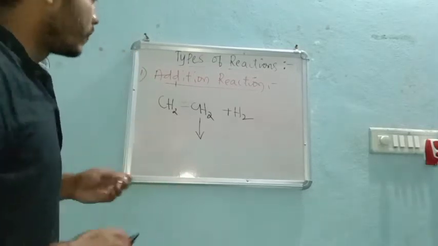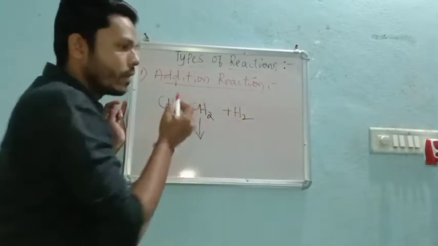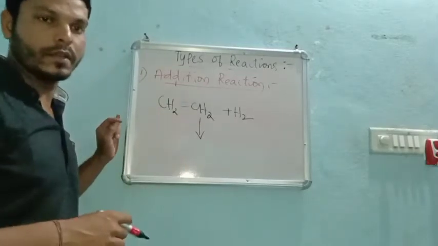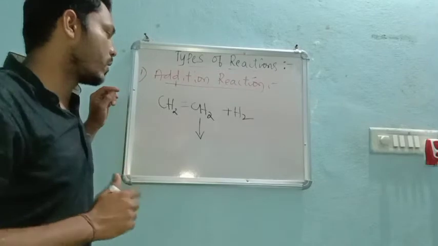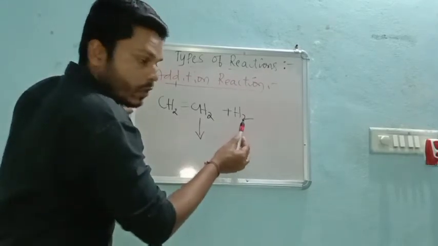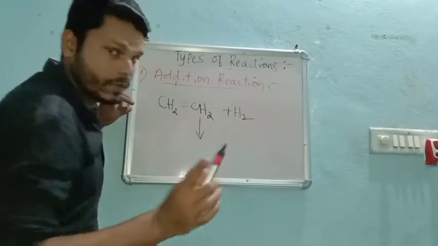Whenever we add this type of compound to an organic compound, you have to take care about one thing. There are two hydrogens. Both these hydrogens will not attack a single carbon.